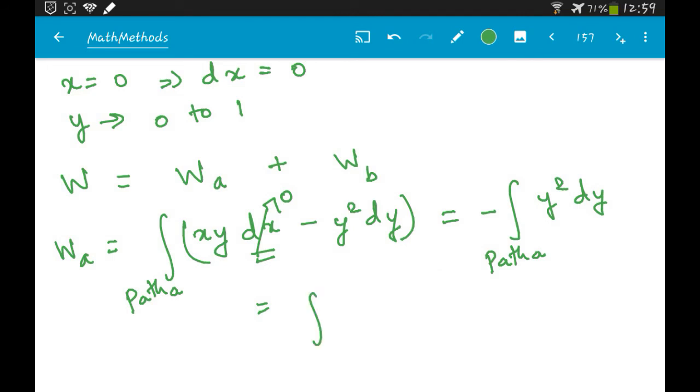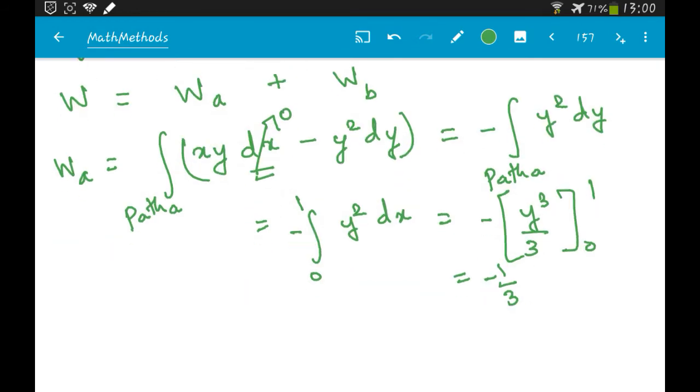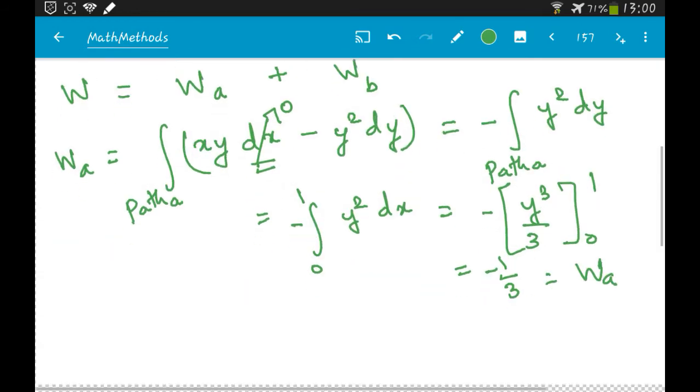So now you can put the limit. So 0 to 1 y square dy. So you will get minus y cube by 3, 0 to 1. So you are going to get minus 1 by 3. Okay, so this is your WA.